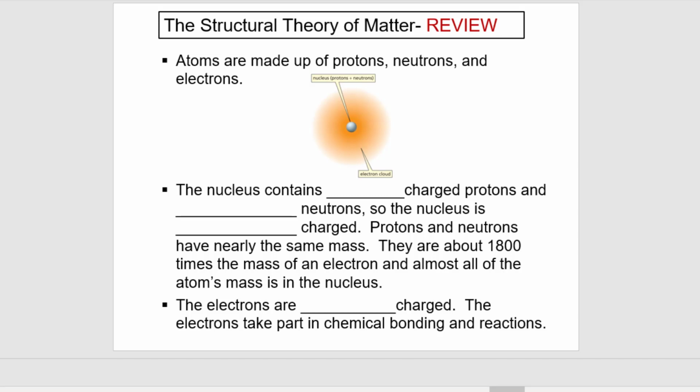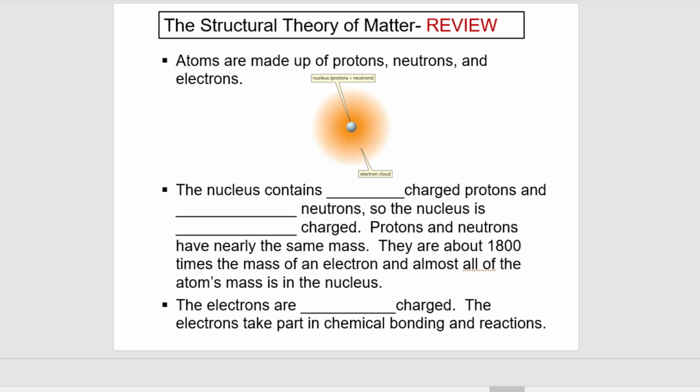So we're going to start talking about the structure of an atom. This is a review from general chemistry. Atoms are made up of protons, neutrons, and electrons. In the nucleus, we have the protons and the neutrons.